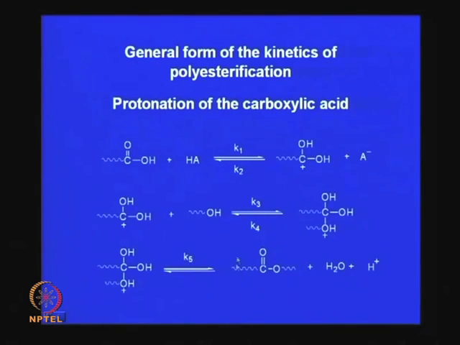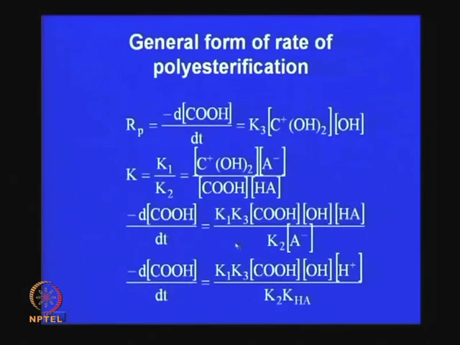Now, in order to get this ester, this step has to be reversible, otherwise we cannot get the product. So these are the various rate constants for different intermediates here, and ultimately all those rate constants are involved in the rate equation.